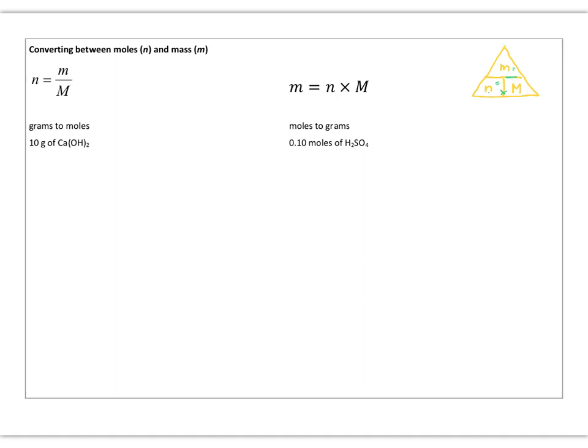And we don't ever really work out the molar mass with this formula, but that would be equal to mass over number of moles. But that's not a conversion we usually use.